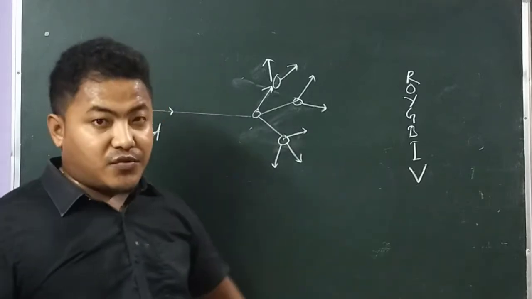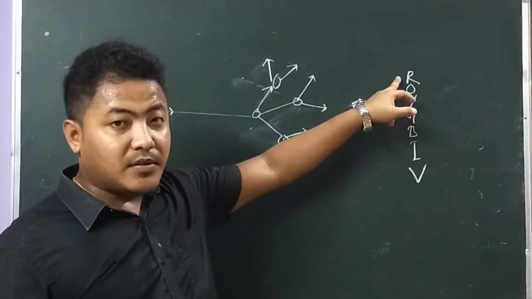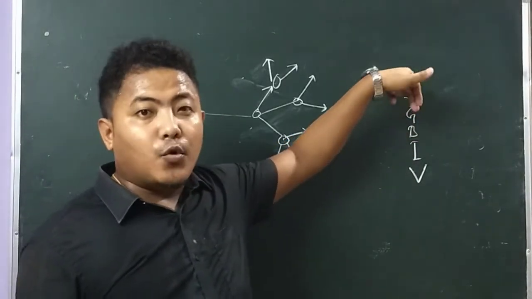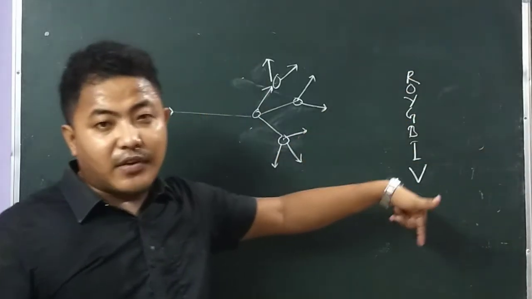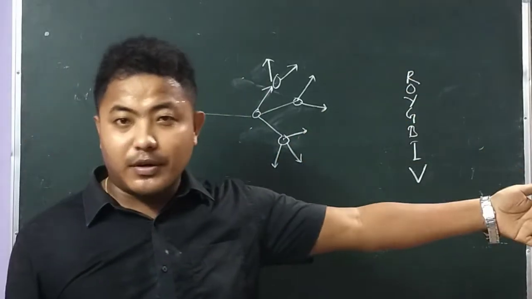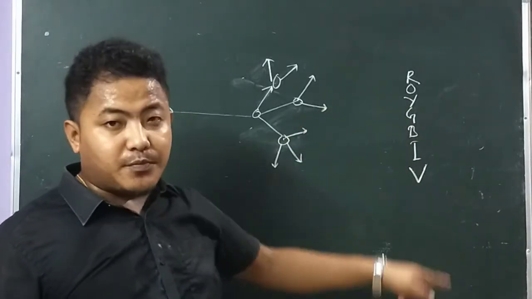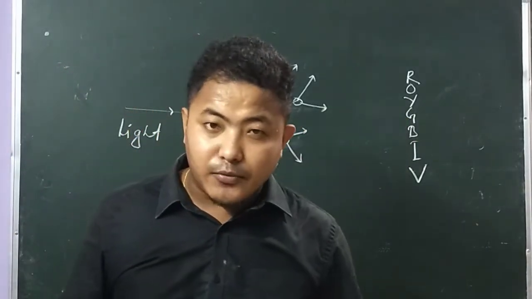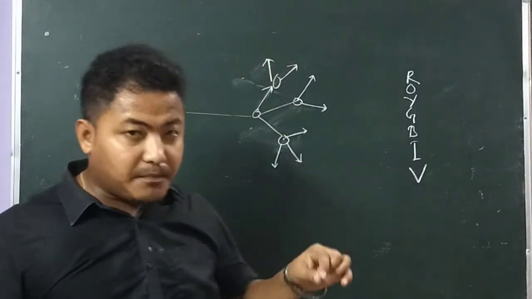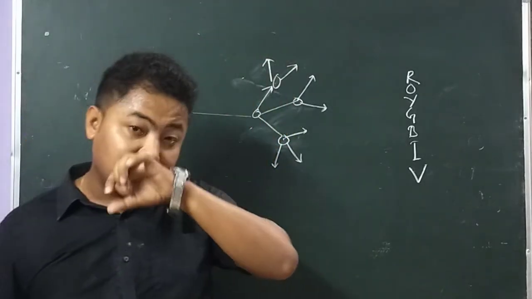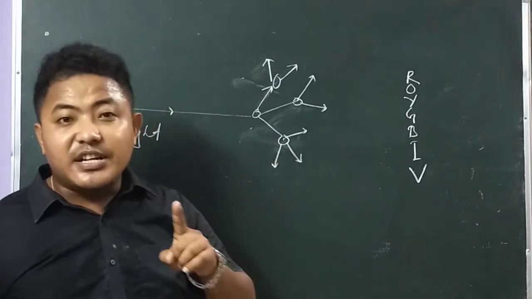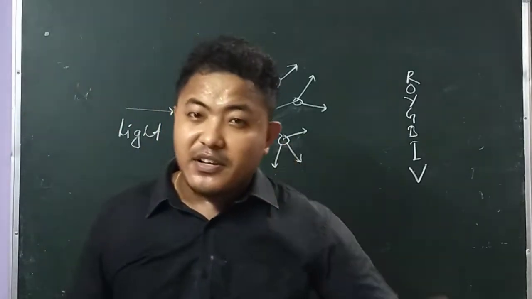Now there are some laws. As I told you, the wavelength and refractive index of all the colors are not the same. That means all the colors present in the atmosphere are never scattered equally. Their scattering power, that is called the intensity, varies.